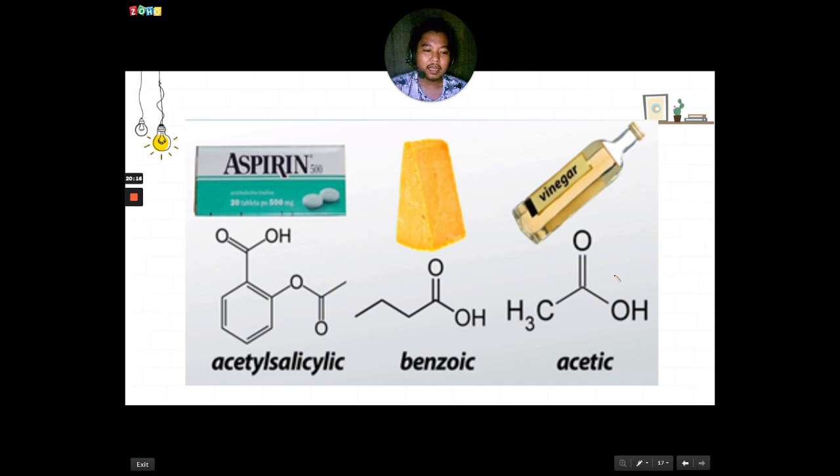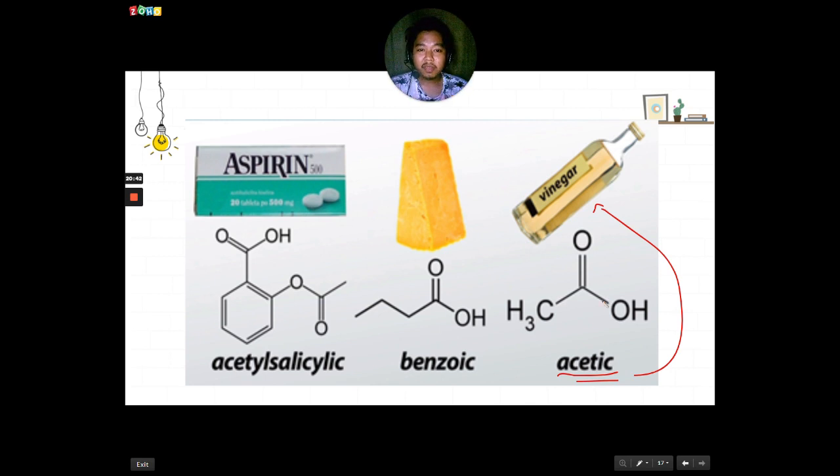Kapag isang carbon lang, hindi na natin nilagay sa table because it's obvious. Ethanoic, propanoic, butanoic. But the common name for your functional group is your acetic acid. Now, one carbon with OOH, this is a methanoic acid. But the common name is acetic acid, and it is usually found in vinegars.